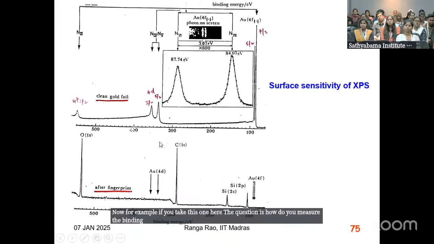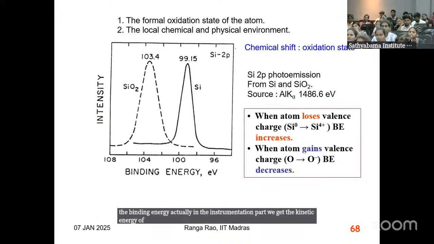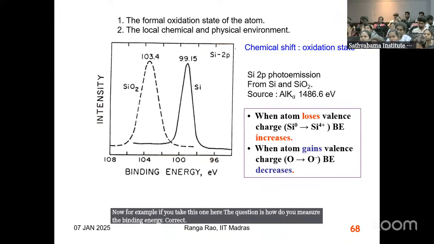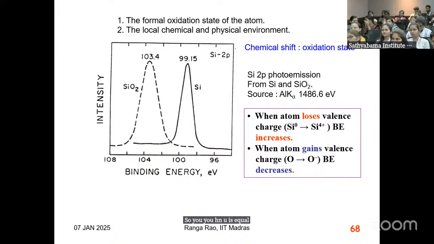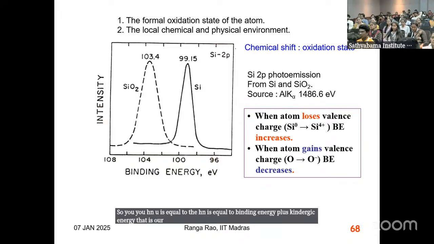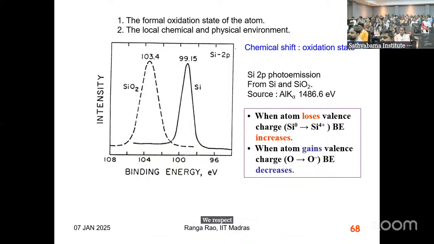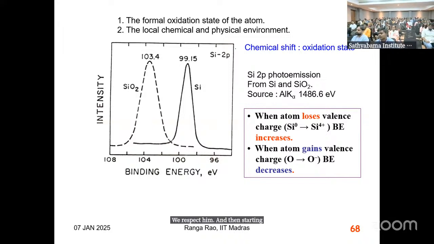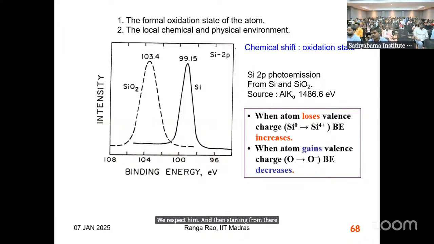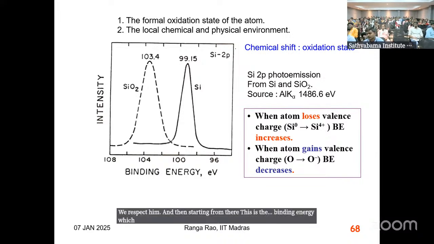Actually, in the instrumentation part, we get the kinetic energy of the electrons. So h nu is equal to binding energy plus kinetic energy. That is what our great grandfather said, Einstein. We respect him. And then starting from there, this is the binding energy which you can directly measure.